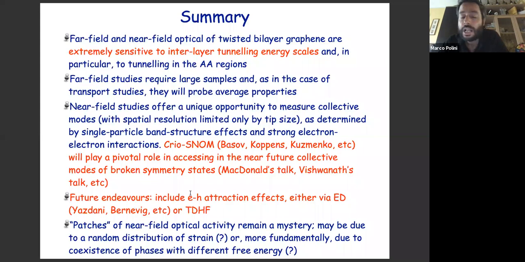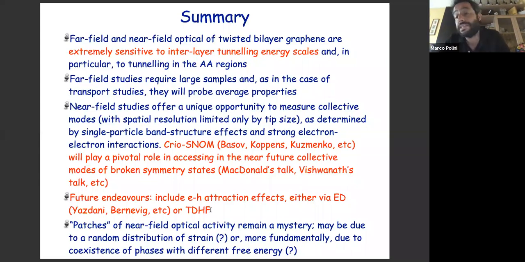And theory-wise, as Allan already mentioned during his talk, it's important to include electron-hole attraction effects. And so we are setting up a time-dependent Hartree-Fock theory to look at these collective modes and how they depend on the ratio U0 over U1 and twist angle and so on and so forth.